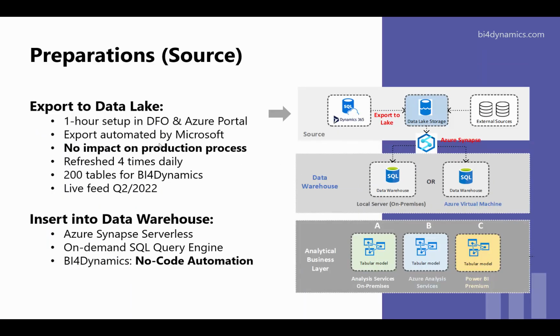In the preparation phase, it starts with installing an extension into your F&O. So the Export to Lake extension is set up together with an Azure storage account and Power BI. This is required in order to run the selected tables that are landing as CSV files in the data lake storage.